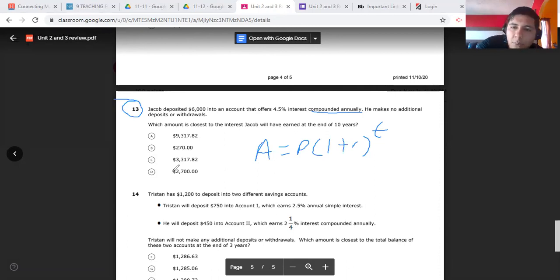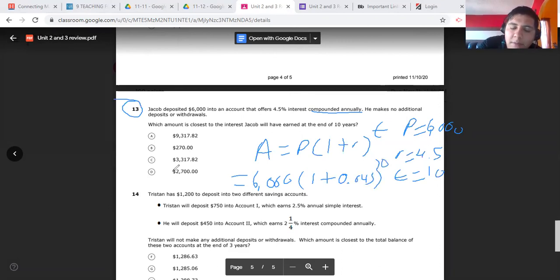So our principal is 6,000. Our rate is 4.5%, and our time is 10. So setting this up, it's 6,000, and then 1 plus 0.045, to the power of 10.